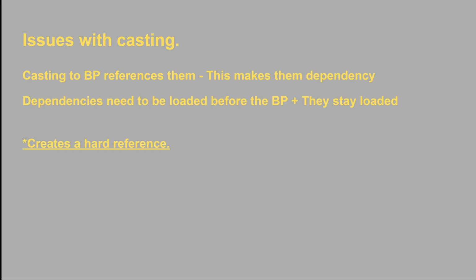And understanding that principle and the tools available to you. Sometimes I think people cast because they're comfortable with it. It's not always the appropriate way. Sometimes event dispatchers are really useful. I really like blueprint interfaces personally. There's loads of different ways we can handle situations. Even casting to the base class is perfectly acceptable sometimes, instead of casting to a particular blueprint.